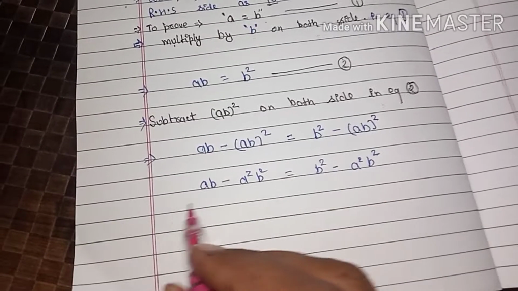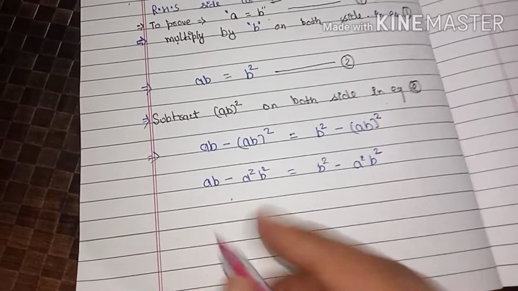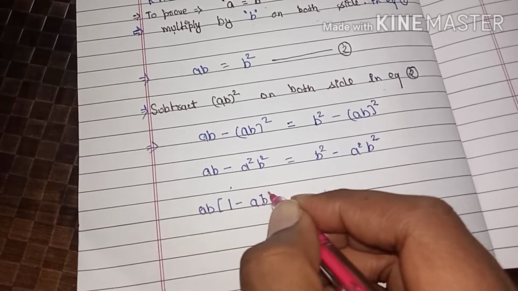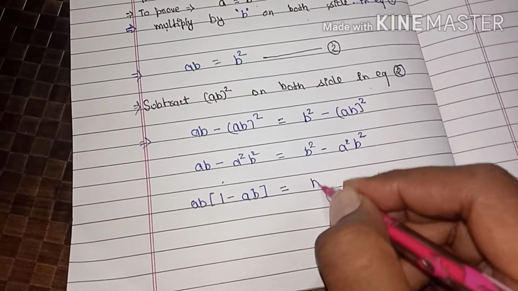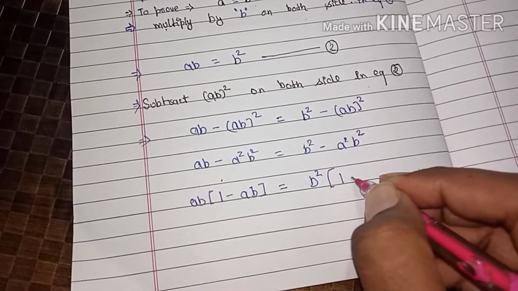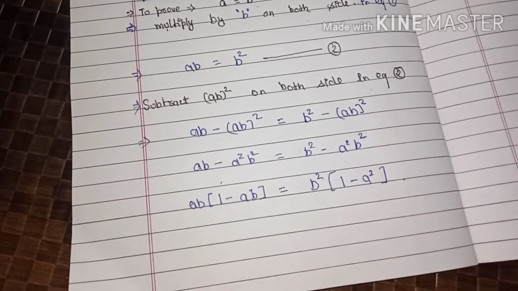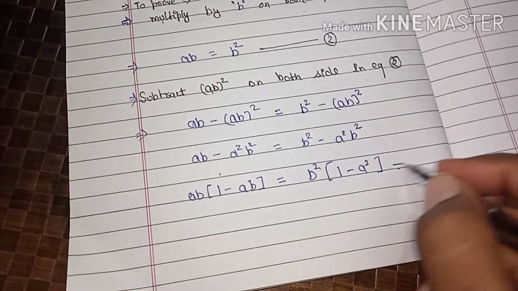Simple. So on our LHS side we take AB common, 1 minus AB, and from RHS side we take common B square, so we get this one. Okay. Take this as equation 3.